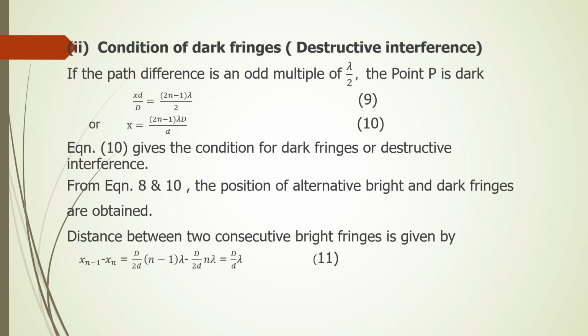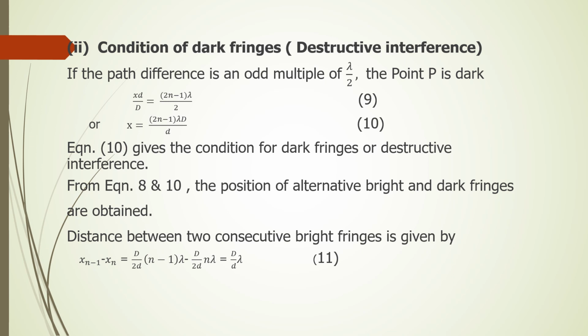Coming to the destructive fringes, which give the dark fringes, the path difference is an odd multiple of lambda by 2, which goes with xd by D equal to (2n minus 1) lambda by 2. So the above equation gives the condition of a dark fringe or destructive interference.